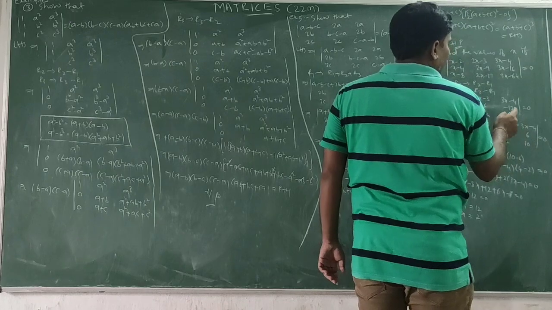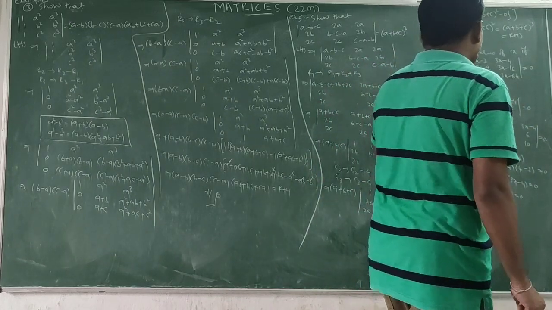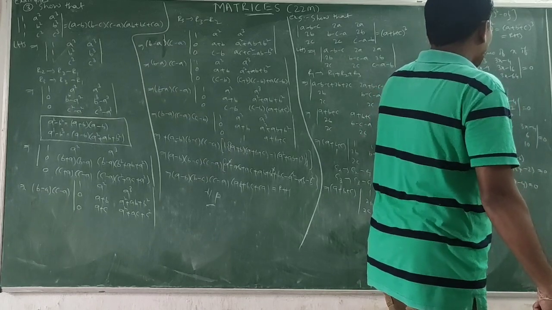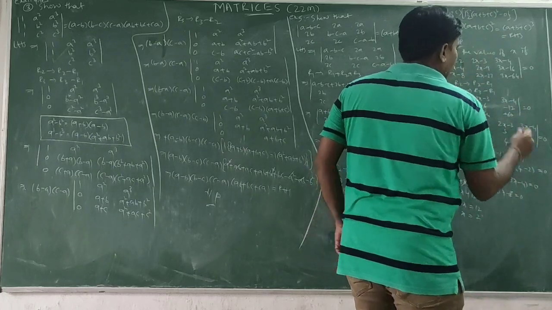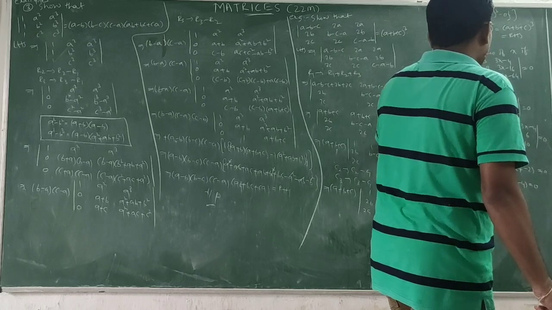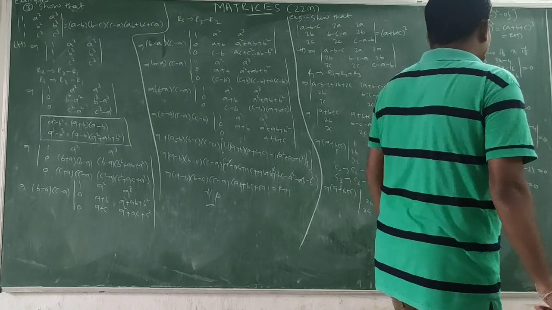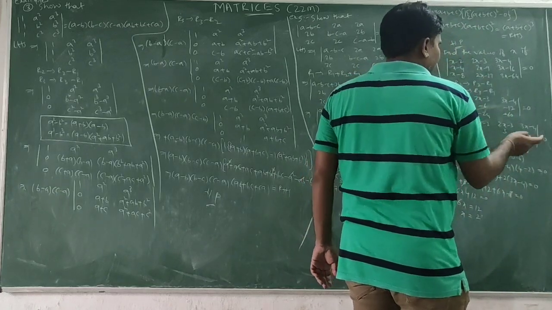Now, in this row minus 2 common, in this row minus 6 common. If we take minus 2 common, it gives 1, 2, 6. Actually it is not 2 plus 3. Minus 6 common gives 1, 4, 10. Okay, next, these two bring outside.